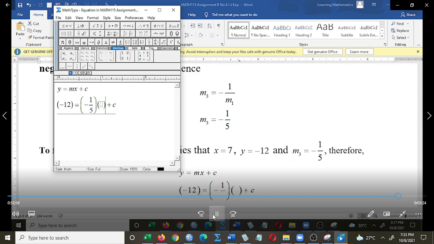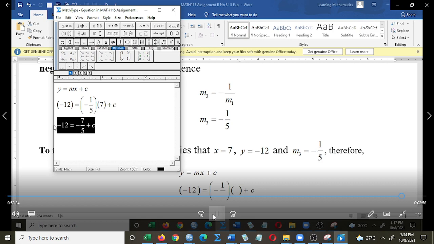And what is X equal to? 7. It's already positive. What's negative 1/5 times 7? Negative 7 over 5.